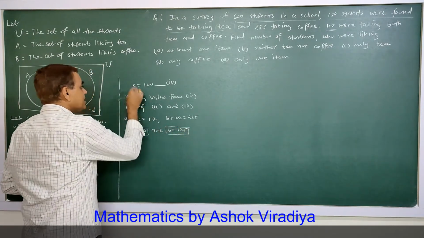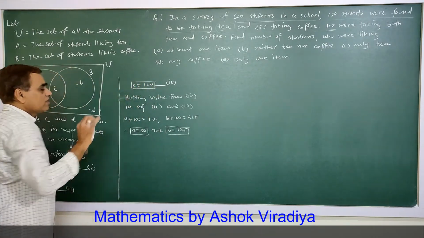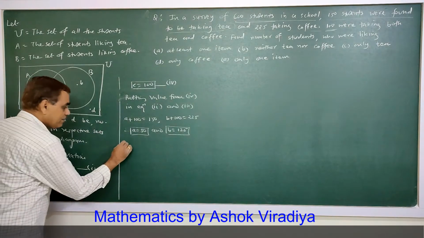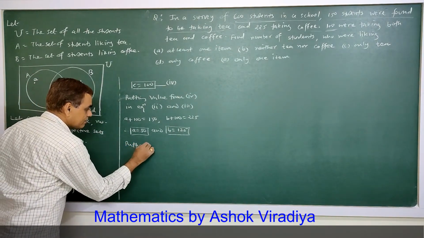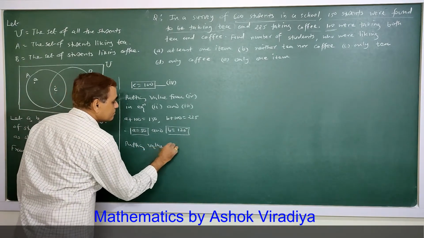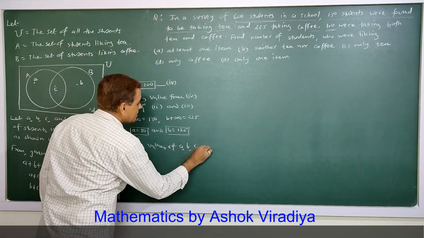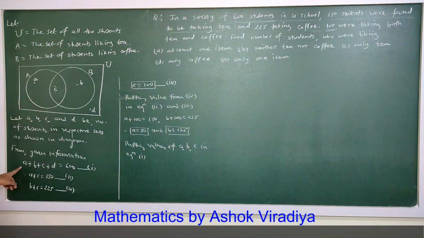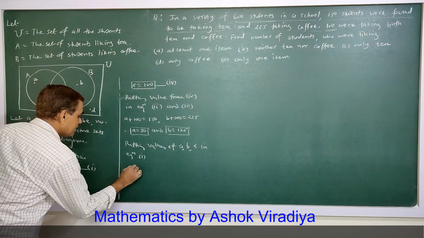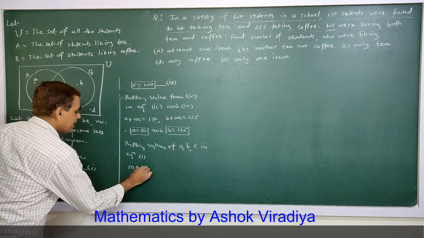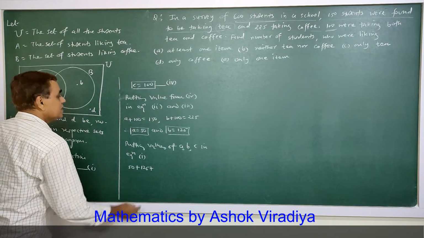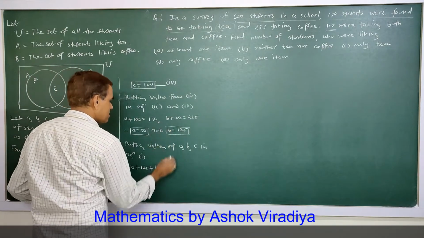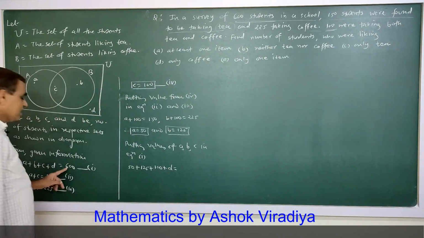Now we know the values of A, B and C. So putting values of A, B, C in equation number 1. A is 50, B is 125, C is 100, D is required, total is 600.